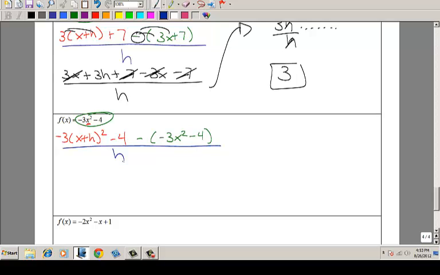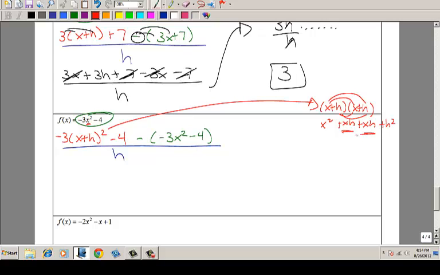Okay, right? So we need to square x plus h. And I'm going to square that on the side just in order to save room. If I take x plus h and multiply it by x plus h, because this is x plus h squared, it becomes x squared plus xh plus xh plus h squared.